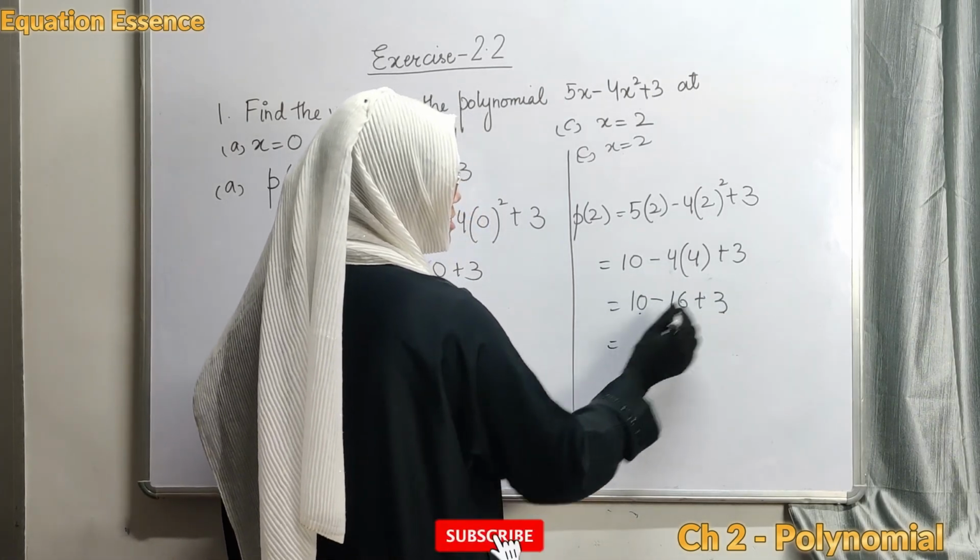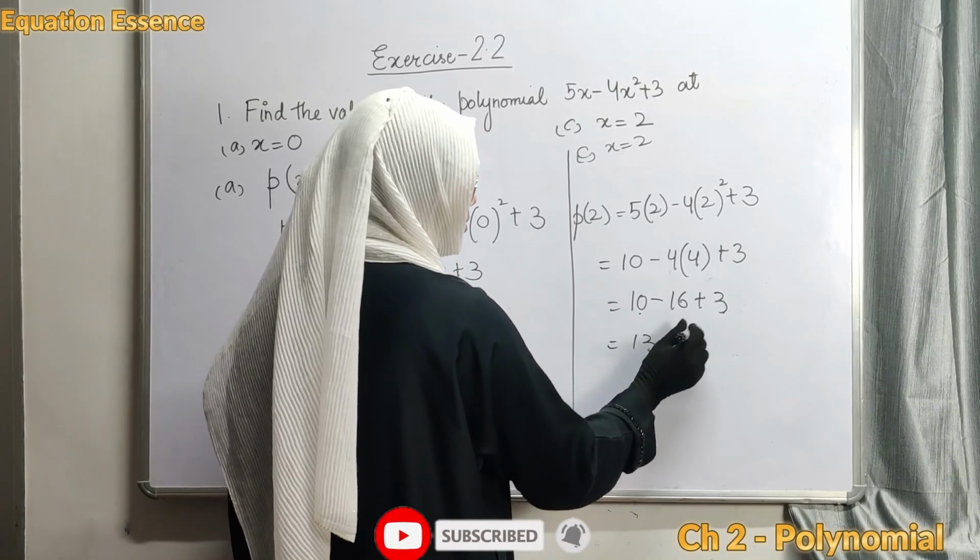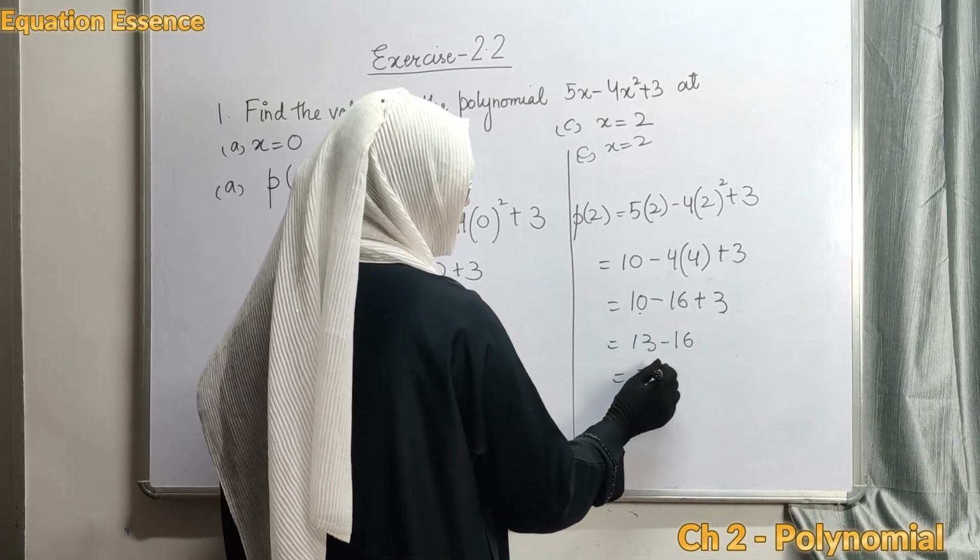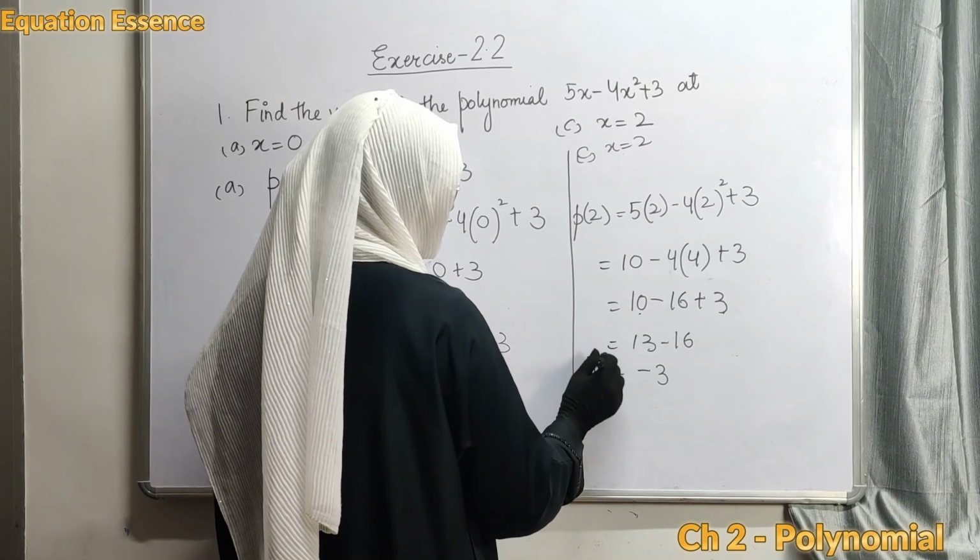We simply add first. 10 plus 3 is 13 minus 16 and your answer will become minus 3.